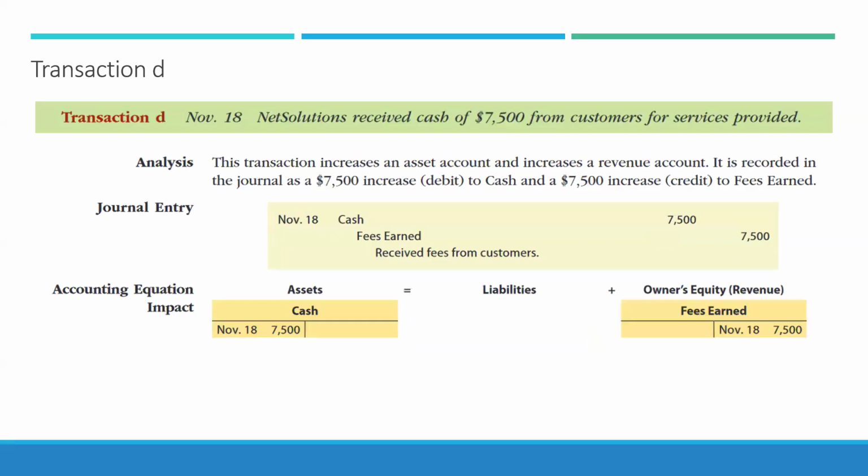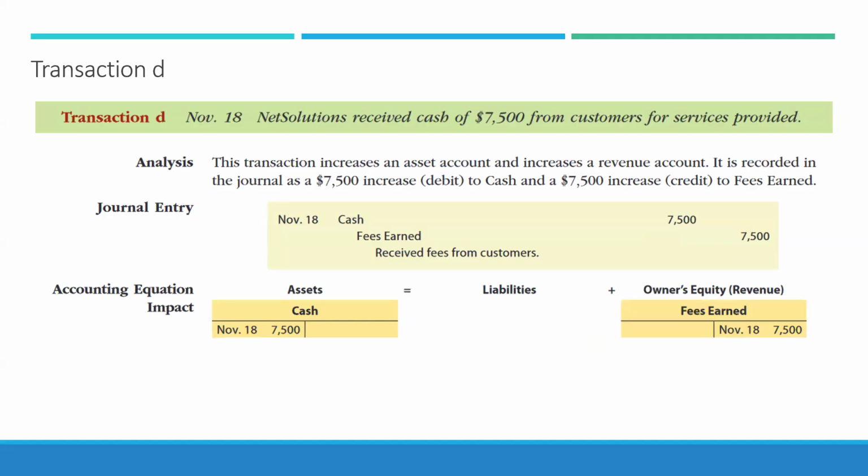Net Solutions received cash of $7,500 from customers for services provided. Did it say for services where we need to provide in the future? No. If it said that, it would be a liability. Okay?